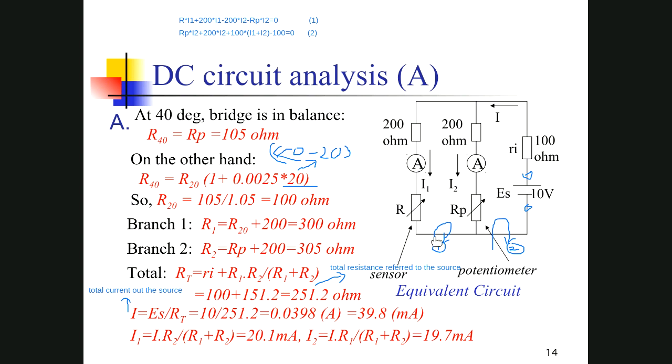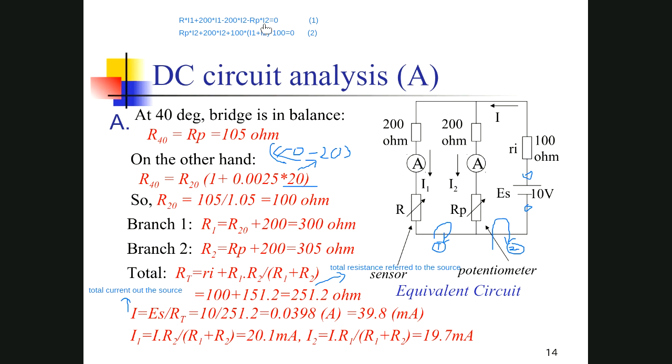For loop 1, start from the resistance R, supposing the current is downward, then R times I1 plus 200 times I1. Because the current is downward, the voltage drops. In branch 2, I2 is downward, so the 200 ohms has a voltage drop because the current goes from high potential to low potential.